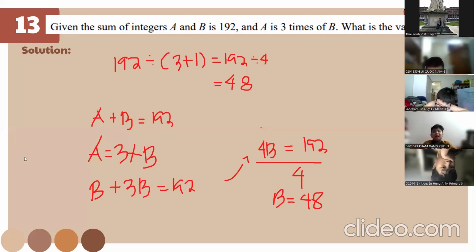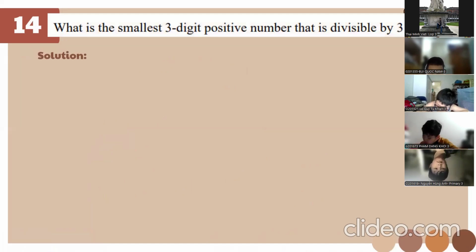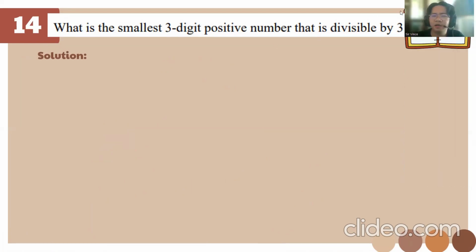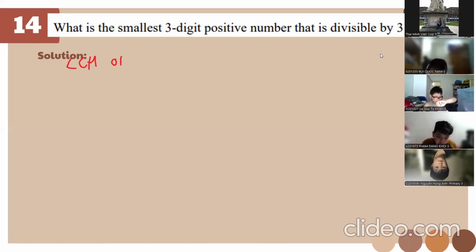So we go to number 14 now. What is the smallest 3-digit positive number that is divisible by 3 and 8? So for this one class, let's find the LCM of 3 and 8.